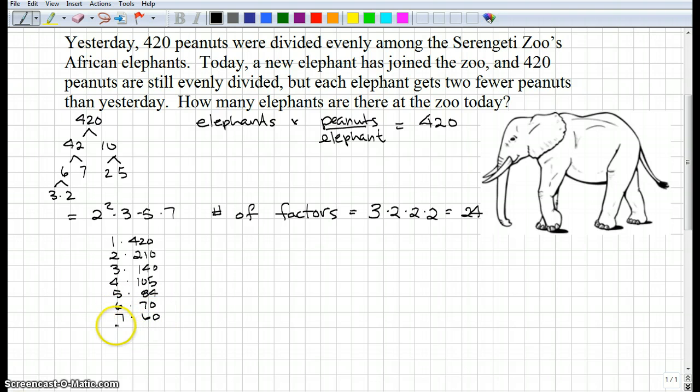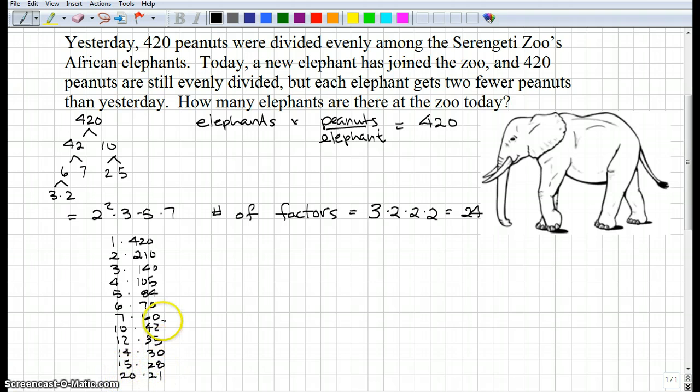We can have 10 times 42. We can have 12 times 35. We can have 14 times 30. We can have 15 times 28. And we can have 20 times 21.